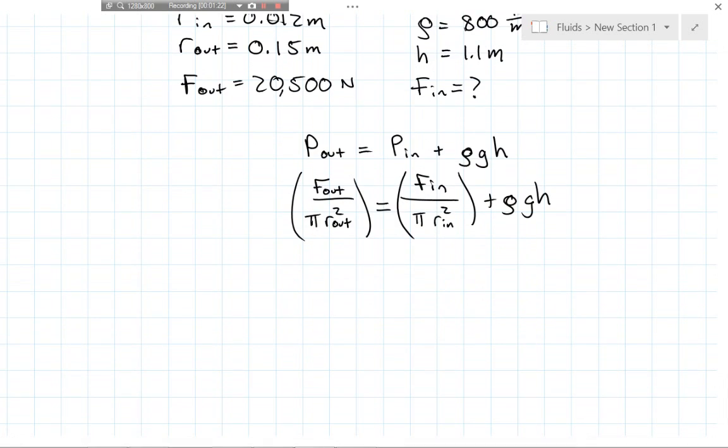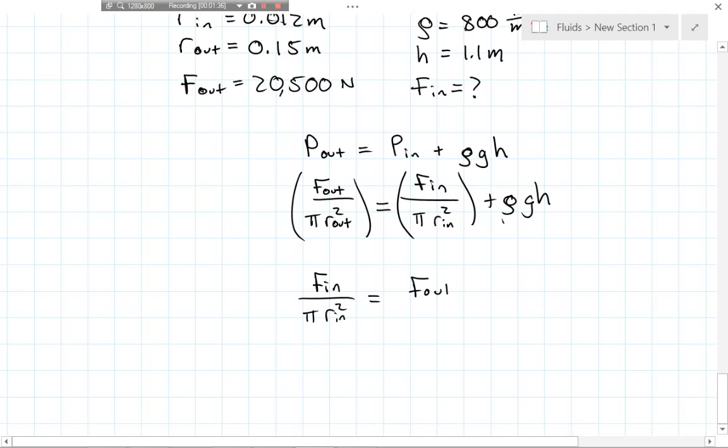So now all we have to do is solve for the force that we apply to the input plunger. So to do this, I'm going to subtract rho gh to the other side. So I have that the force that we apply to the input plunger divided by pi r in squared is equal to the force that we apply on the output plunger divided by pi r out squared minus rho gh.